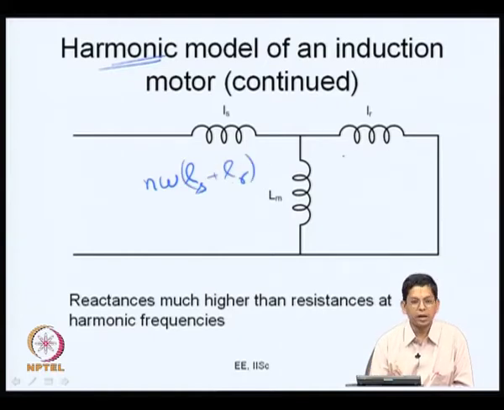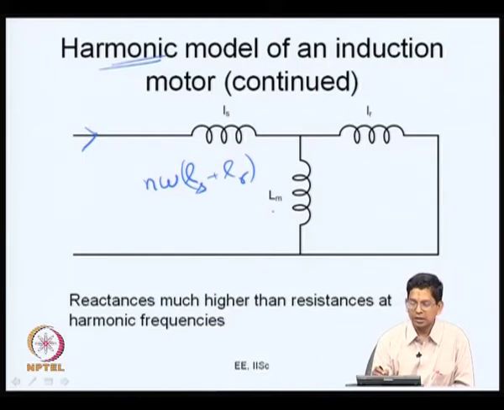So, this is the total reactance now. If you see these reactances, this n omega L s, for example, is much bigger than the stator resistance R s, and similarly this n omega L r, the reactance pertaining to L r, is much larger than R r at the harmonic frequencies. And therefore, you can ignore those two for the point of view of calculating how much harmonic current is being drawn.